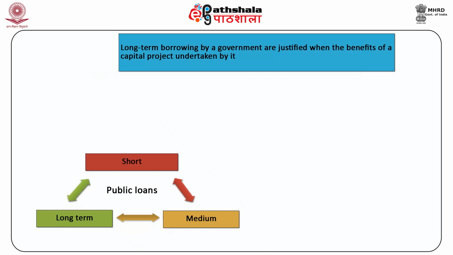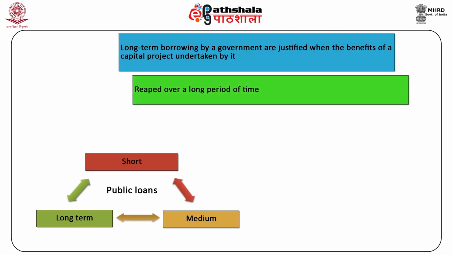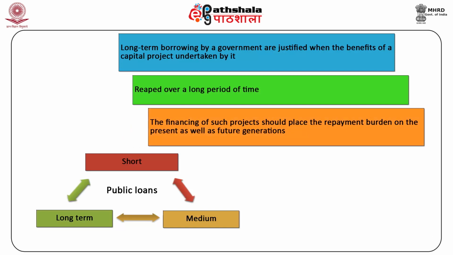Long term borrowing by a government is justified when the benefits of a capital project undertaken by it are likely to be reaped over a long period of time, that is, by more than one generation of taxpayers. The financing of such projects should place the repayment burden on the present as well as future generations.